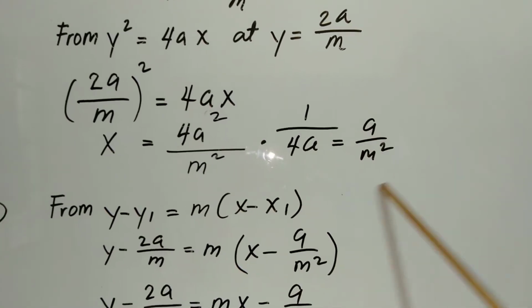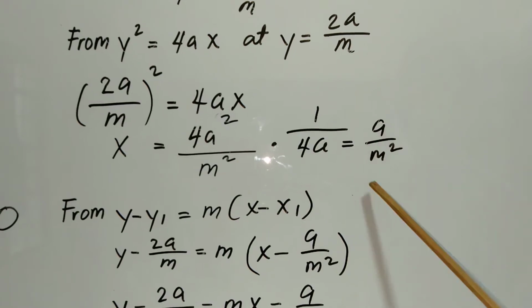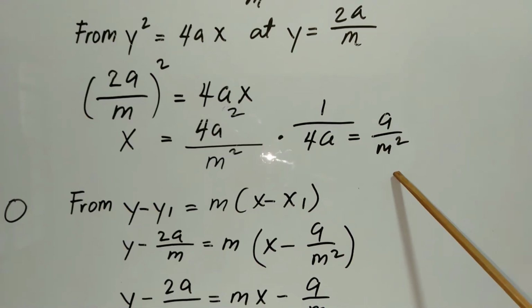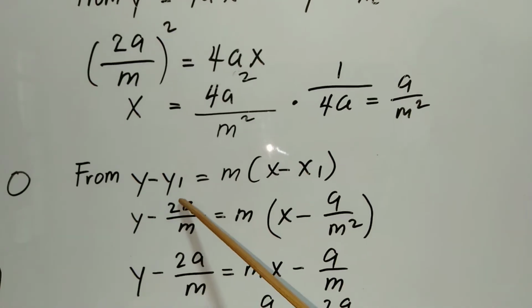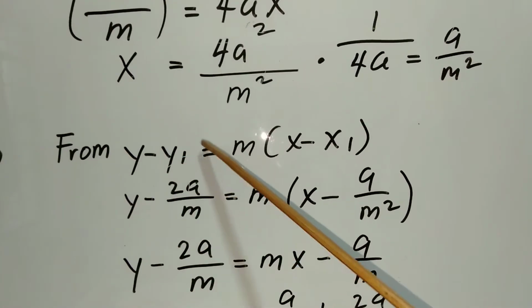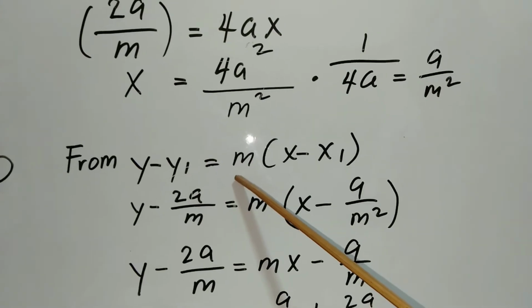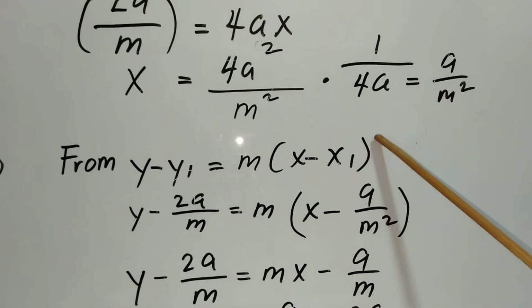So having this value of x here, we substitute this one, a over m squared, to be our x sub 1. So from the point slope form, y minus y sub 1 is equal to m times quantity x minus x sub 1.